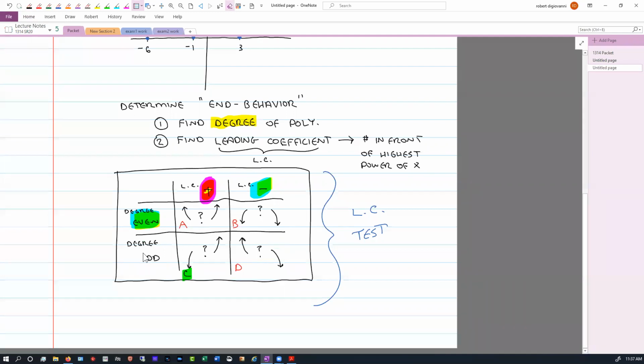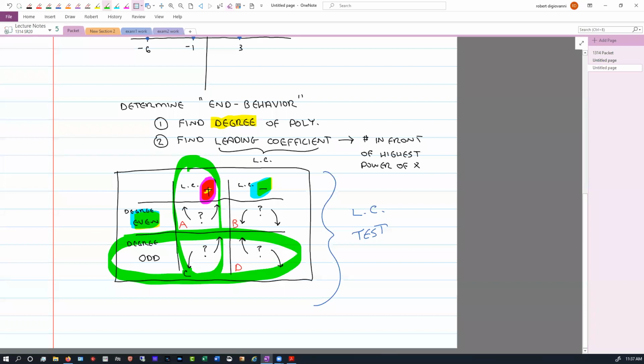But our leading coefficient is 1, which means it's got to be in the first column because 1 is positive. So it has to be in the bottom row, but the first column, so that must be C. Does that make sense?